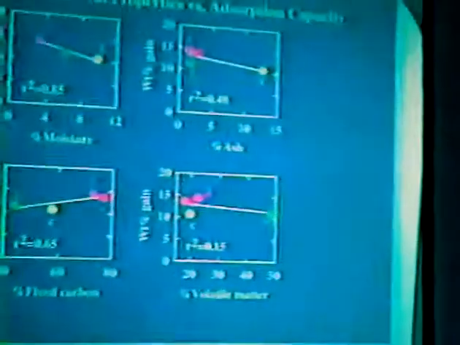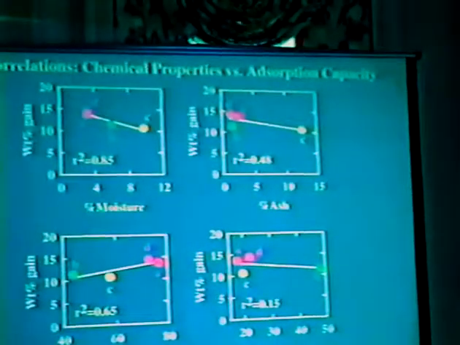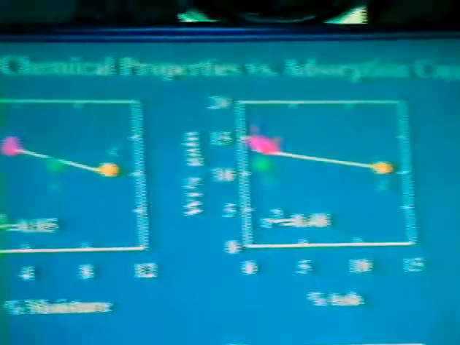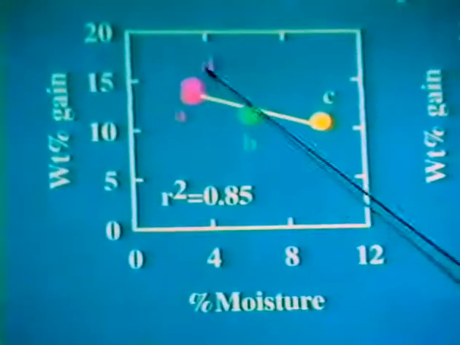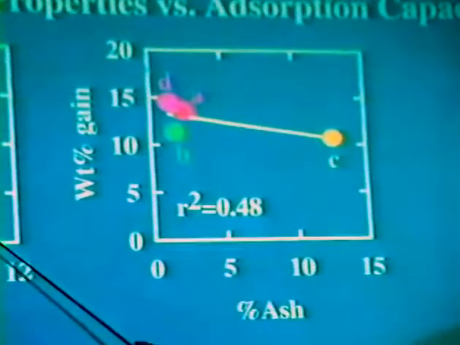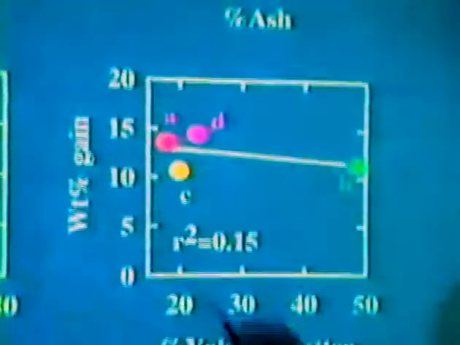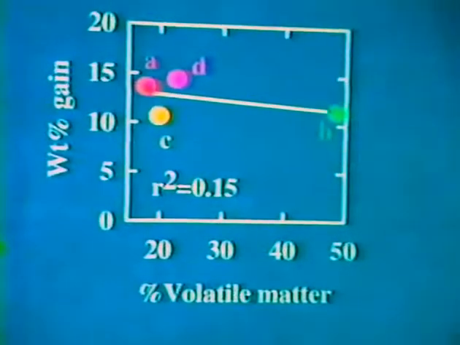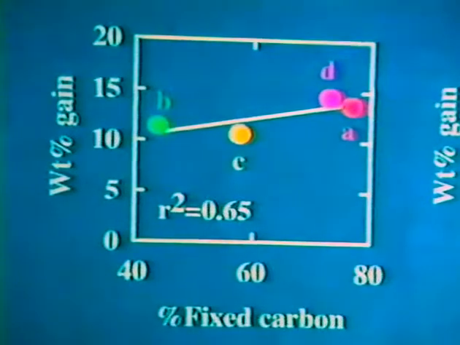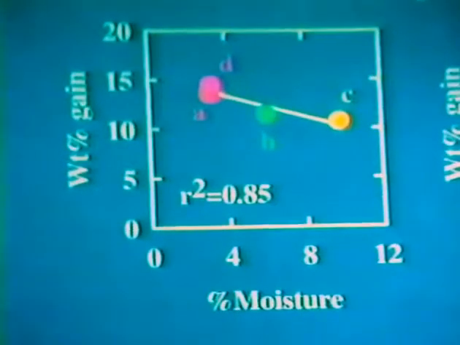In terms of the chemical properties, looking at this proximate analysis, the best correlation here was with moisture. We think this is probably a fluke, in that we have taken this carbon A, completely saturated it with water, filtered out the water, and done another adsorption test and gotten the same results.